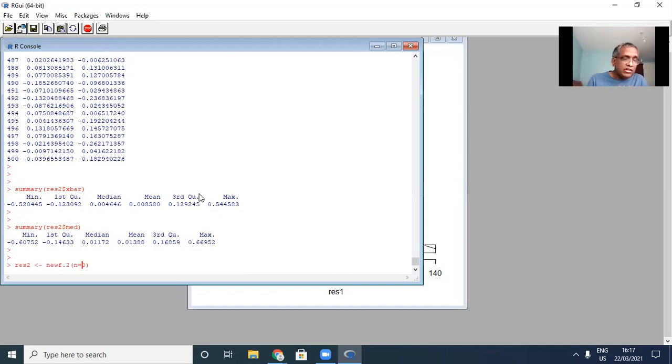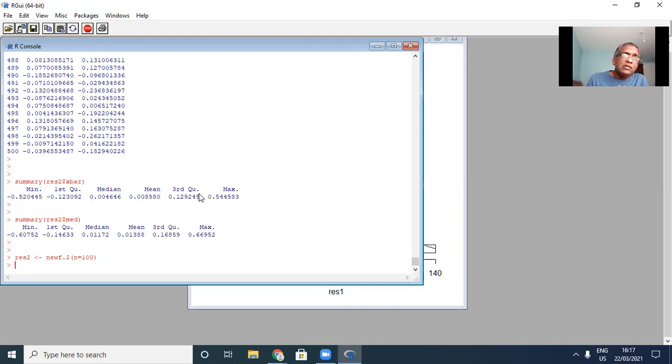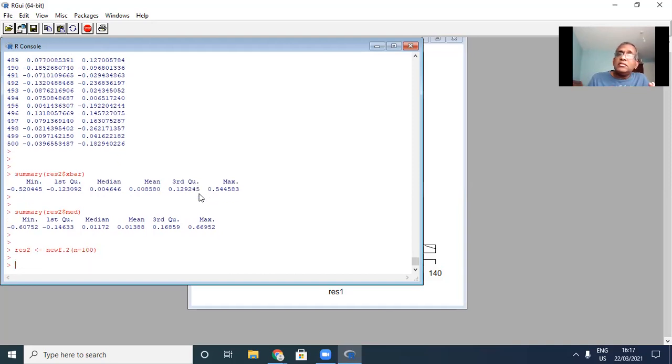For example, if you take n to be 100, then in this case, you're simulating 500 samples, each of size 100, from the normal distribution. And for each of the 500 samples, you're computing the mean and the median, right?